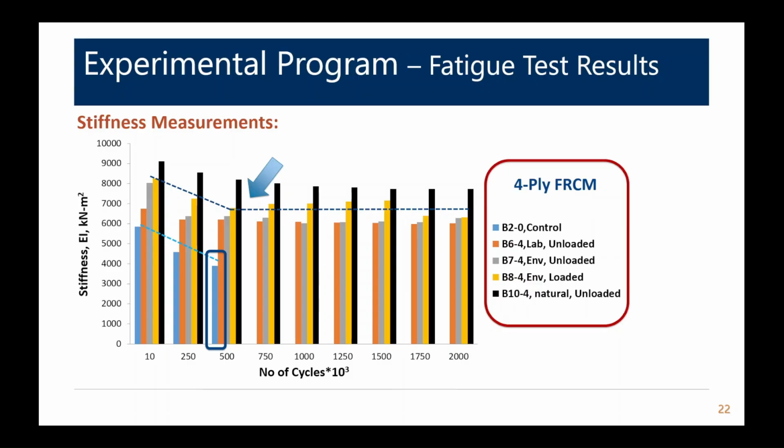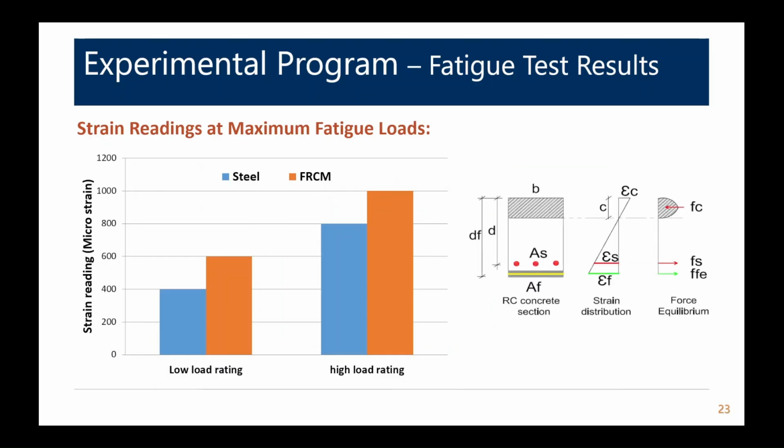That one actually failed during fatigue testing, so that's without the FRCM system. As validation that the repair system is working, this has strain gauges on it for both the steel and the FRCM, and based upon the measured strain readings, both systems are working.